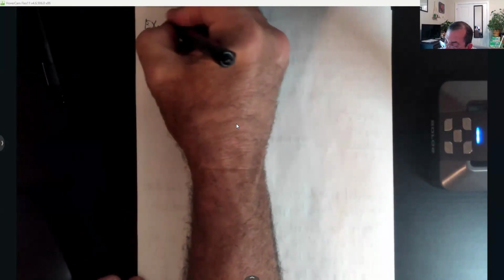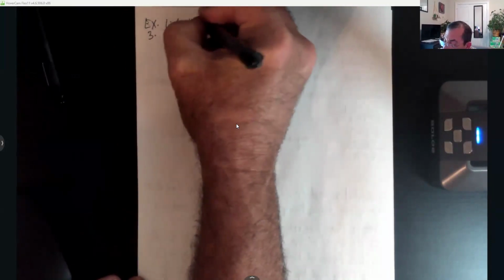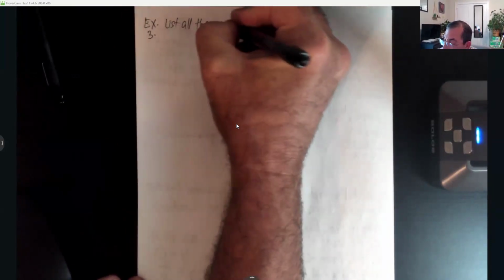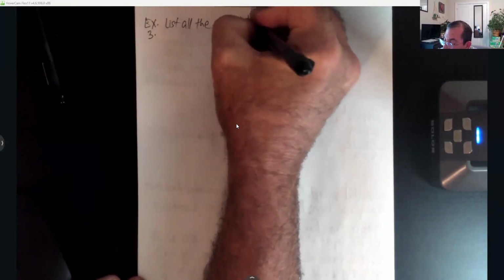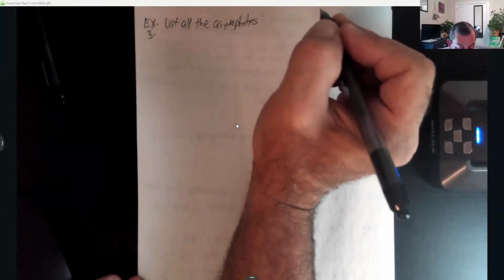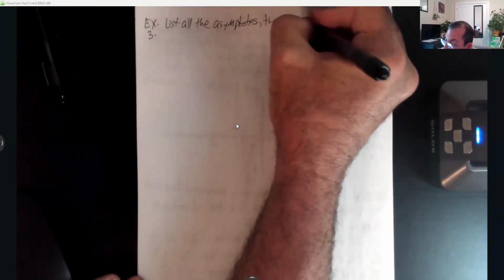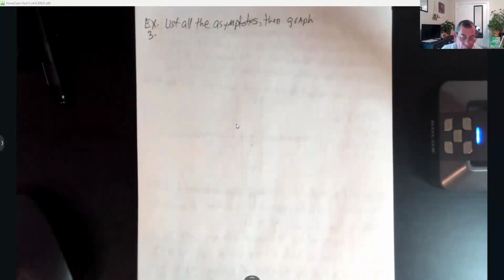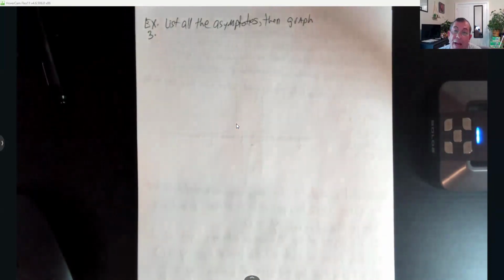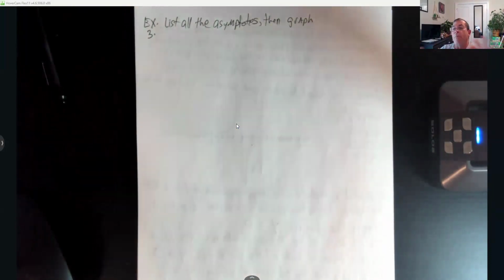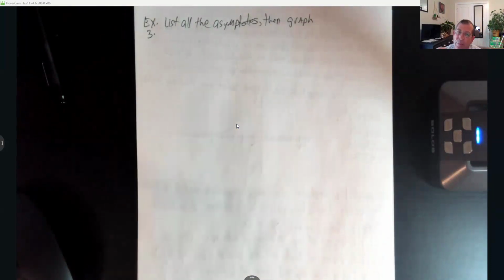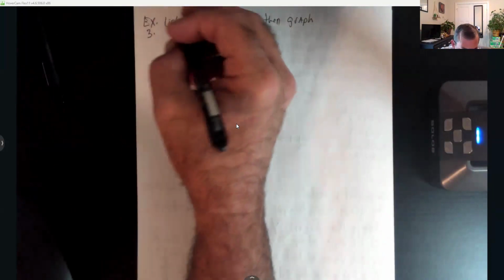So for this example number 3, list all the asymptotes, then graph. Now, you're not actually going to have to graph them by hand. They're going to have 4 pictures, and you're just going to pick the picture that looks like what you need, okay? So y'all, let's look at this.